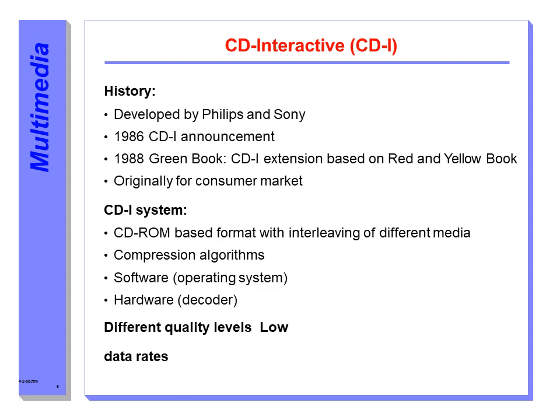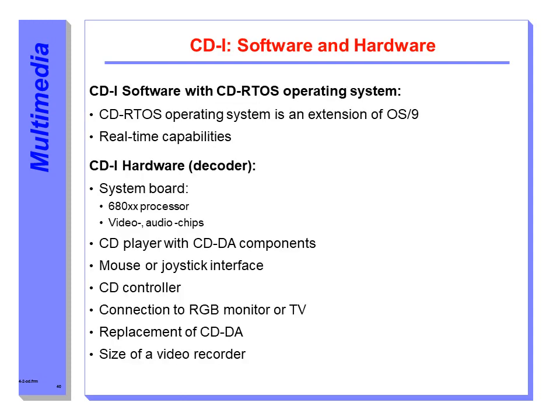And you can see the different quality levels. It's also available as interactive software, where the software means the operating system, and the hardware is nothing but a decoder. As an extension, the operating system is OS-9, with real-time capabilities.